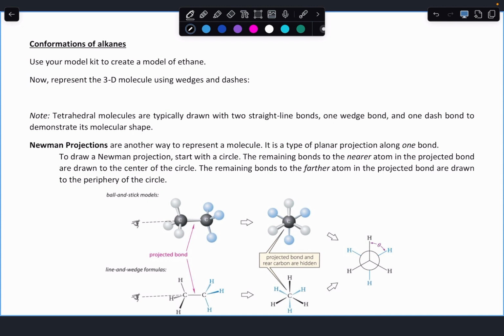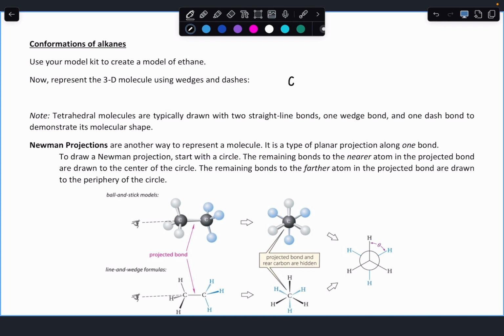Bonds that are coming out towards you, which would be these two, those are drawn as a wedge. Looks like this, just a thicker line that's like a long triangle. And then the ones going away are dashes. So that's how we represent the 3D shape of a molecule when we're drawing on 2D paper.